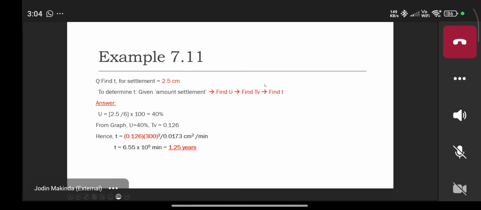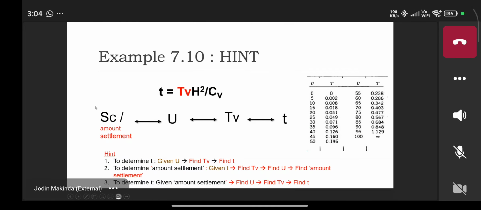After finding U, find TV. From the graph, U 40% is 0.126. After TV, find T. So T is 1.25 years.